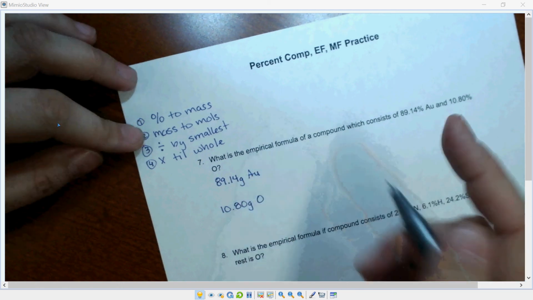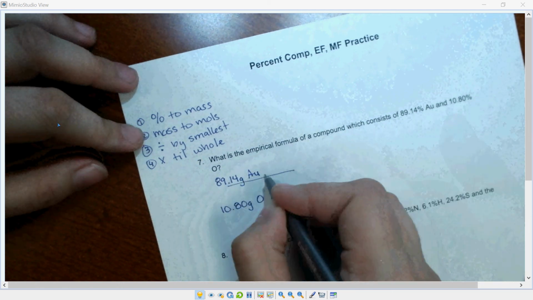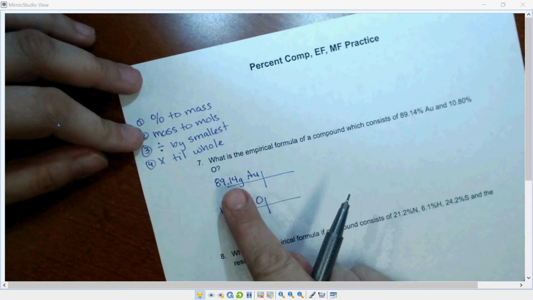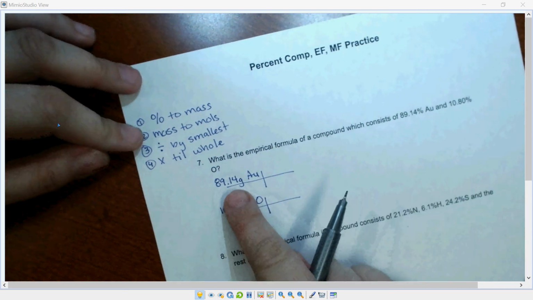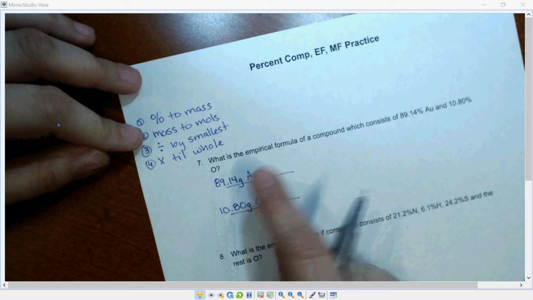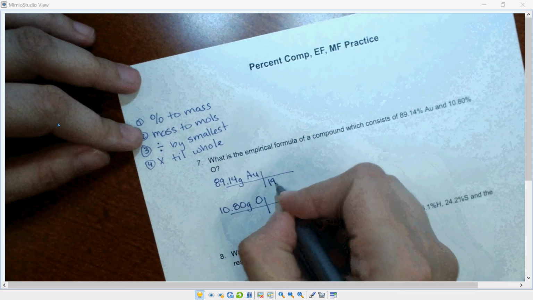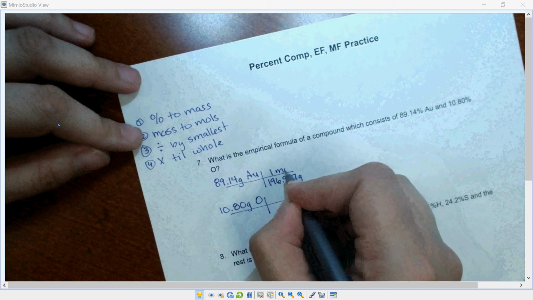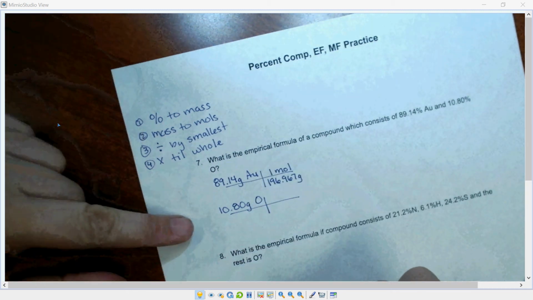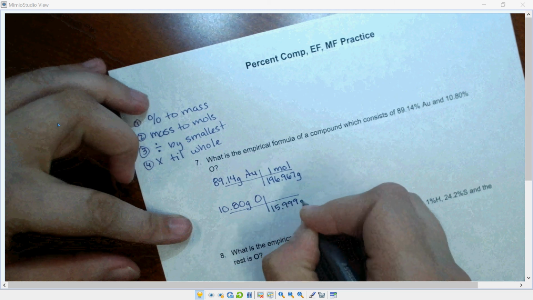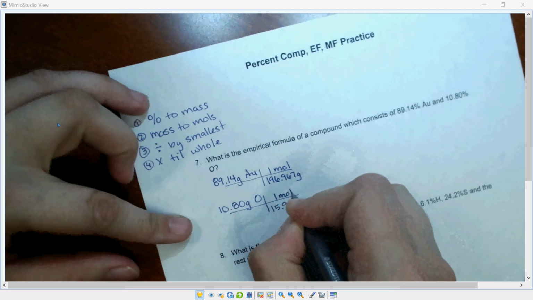Mass to moles. This is where we convert from grams of substance to moles of substance by dividing by the molar mass on the periodic table. So I look up to the periodic table, I find that gold has a molar mass of 196.967 grams for every 1 mole, and oxygen has a molar mass of 15.999 per 1 mole.